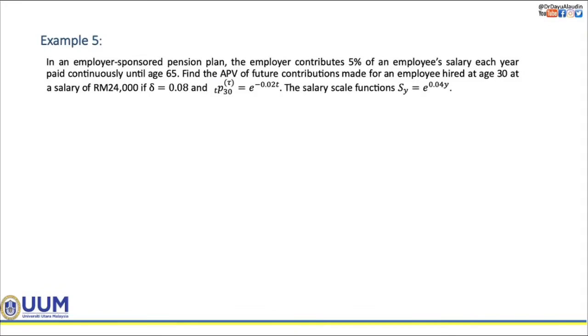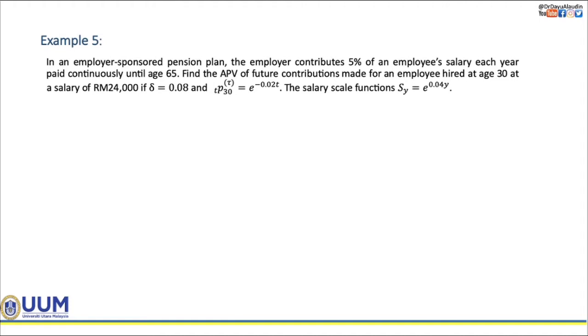So let's try example 5. In an employer-sponsored pension plan, the employer contributes 5% of an employee's salary each year, paid continuously until age 65.